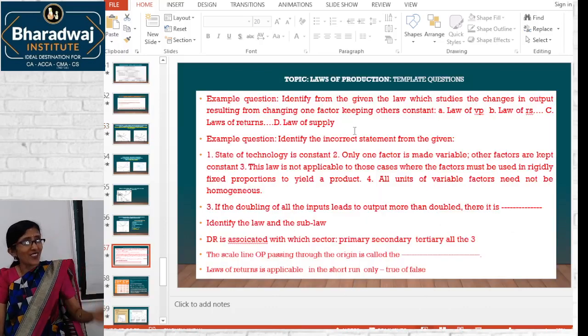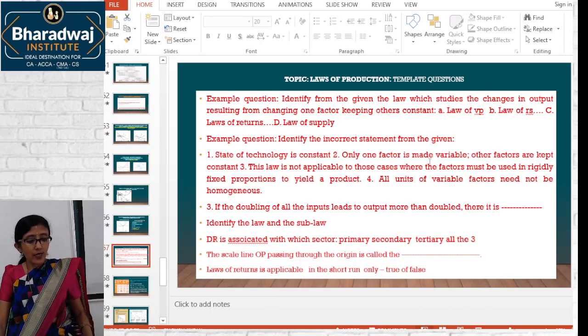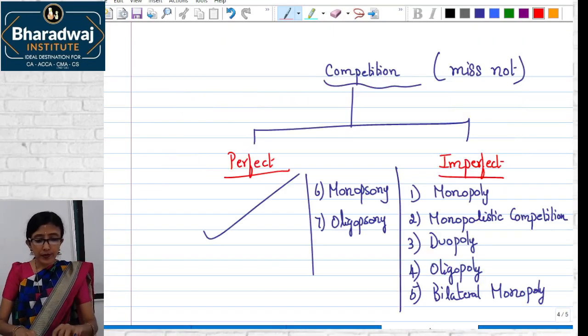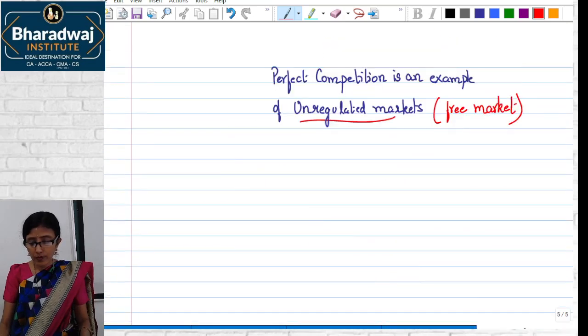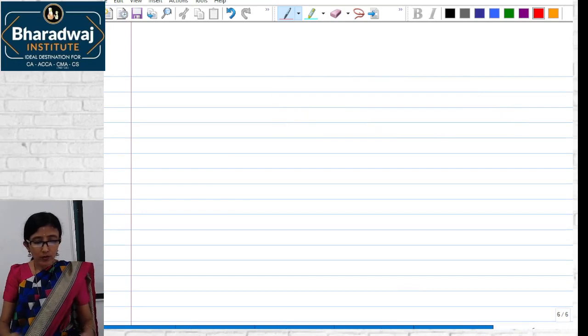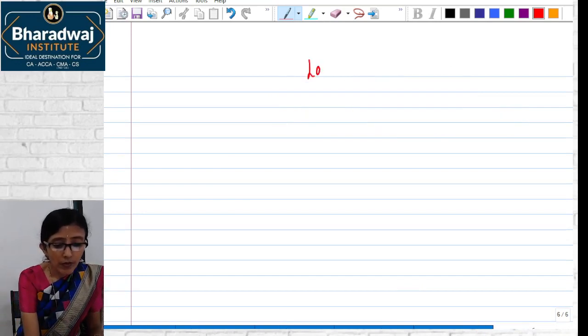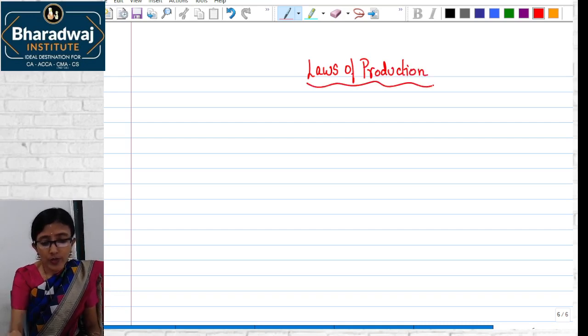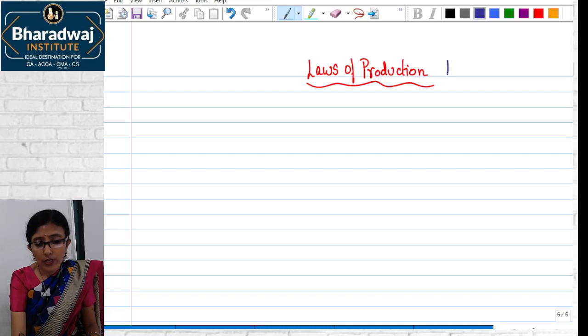Laws of production. My dear students, laws of production. Please remember and recollect that topic. So you will have some revision tips or cues.